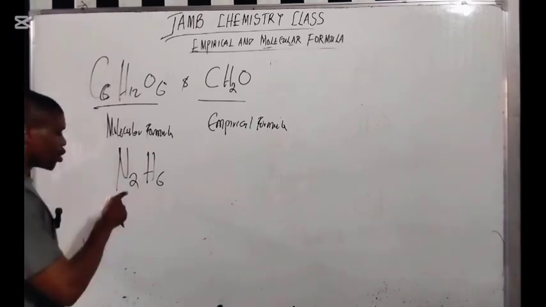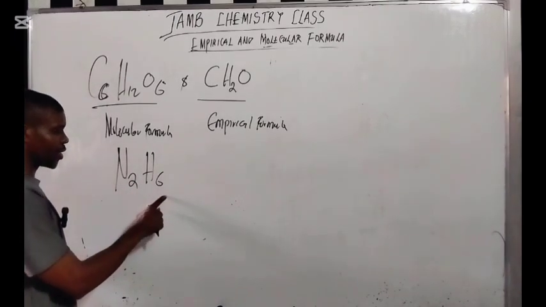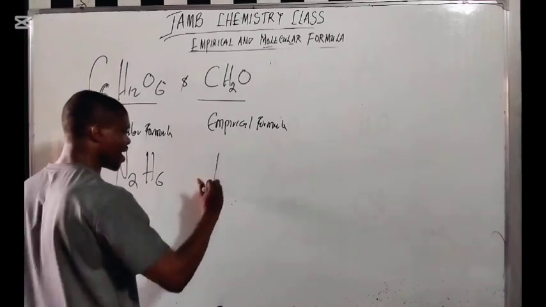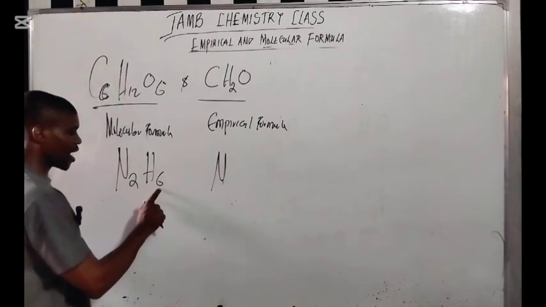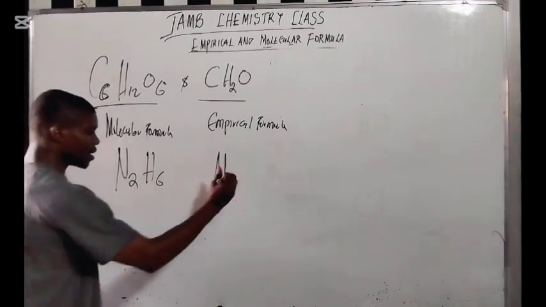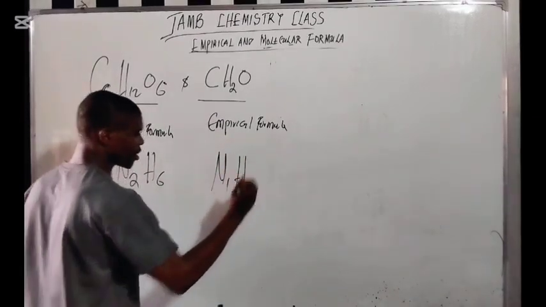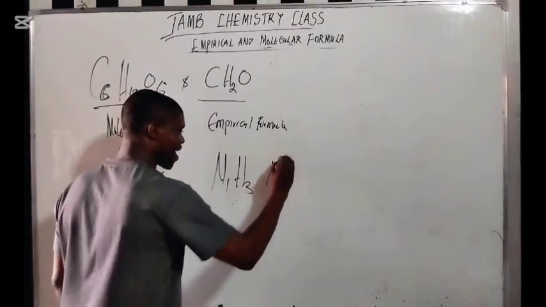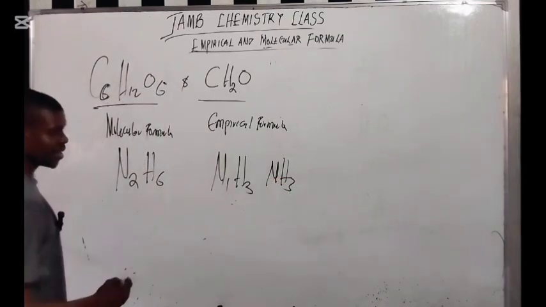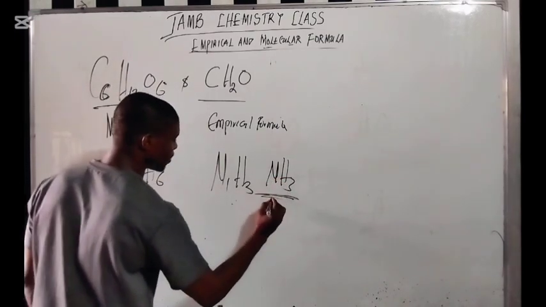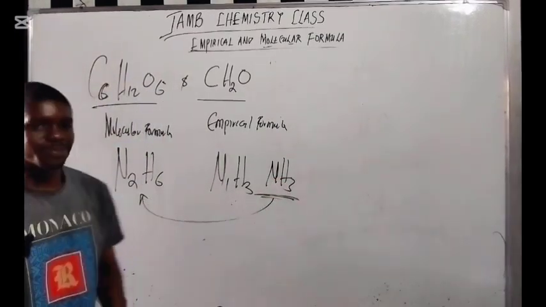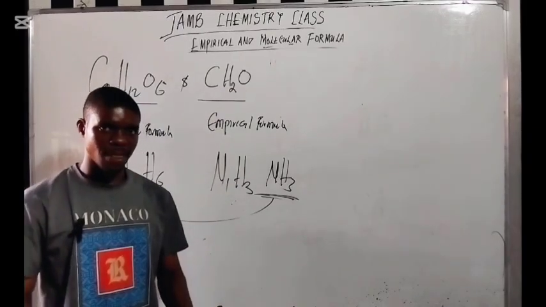The answer is yes. 2 can go into here, 2 can go into here. 2 into N2 gives N1, and 2 into H6 gives H3. So it's going to be NH3. So this one is the empirical formula of this molecular formula.